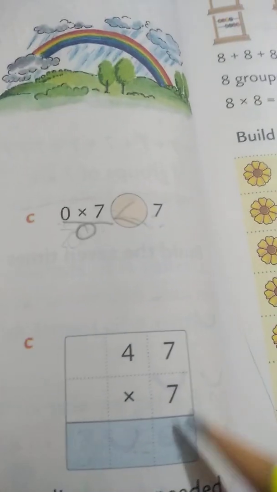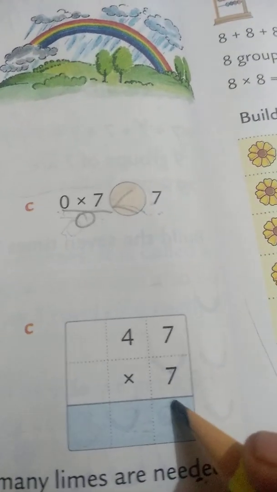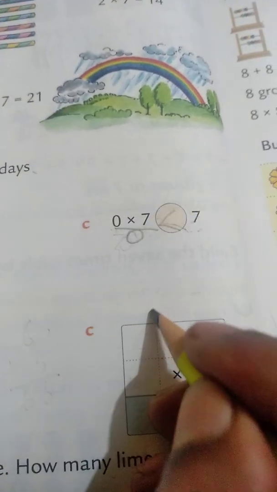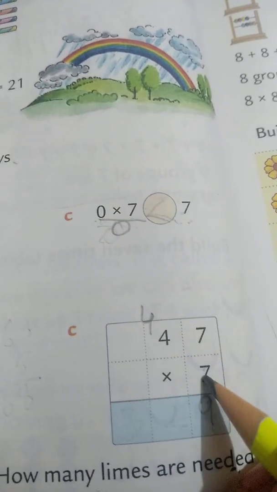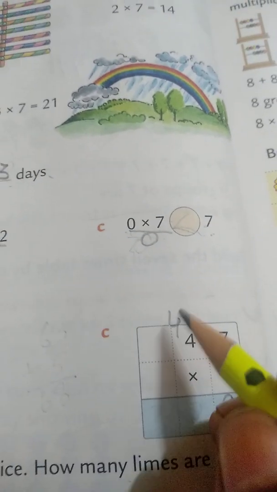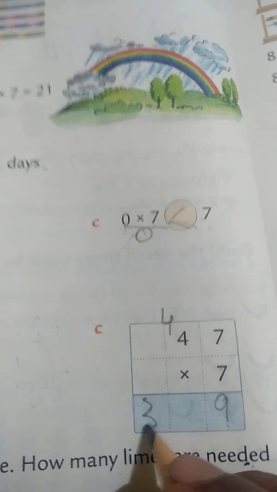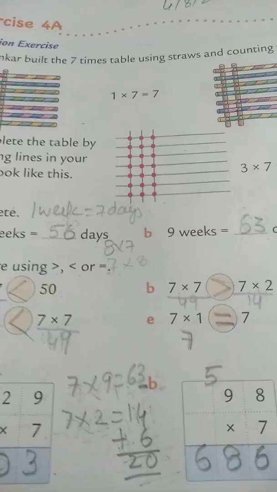Now 7 sevens are 49, 9 and 4. Now 7 fours are 28 plus 4, that is 32. So 329. In this way you are going to answer and do the classwork.